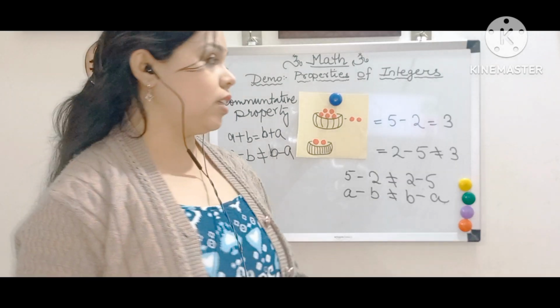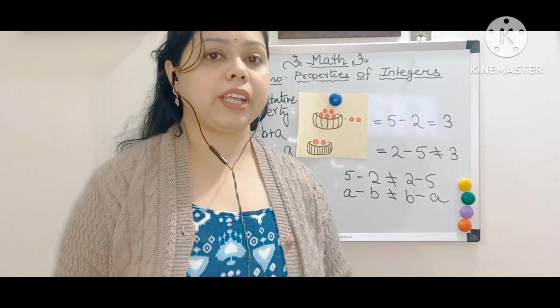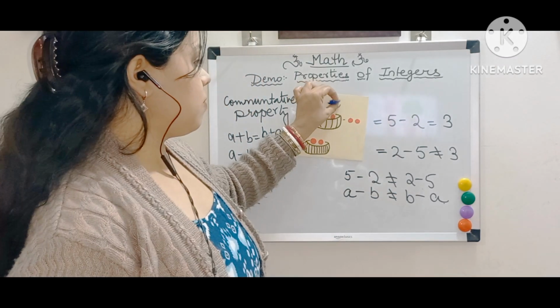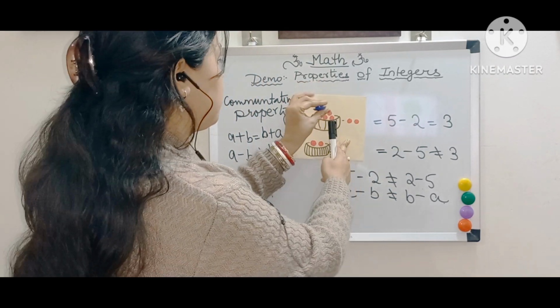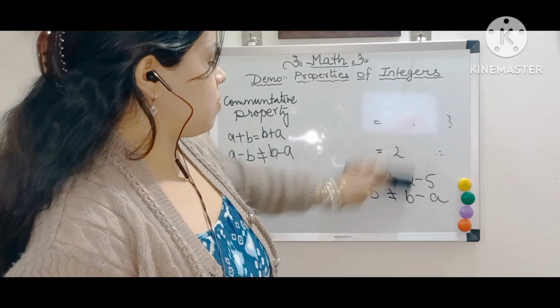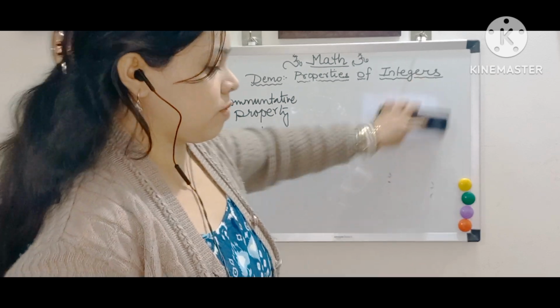Now we are going to check for multiplication, whether the commutative property will be fulfilled or not. Now I have one example.